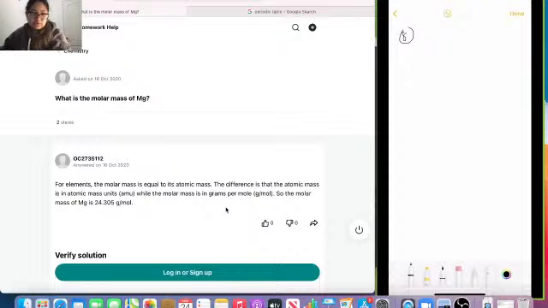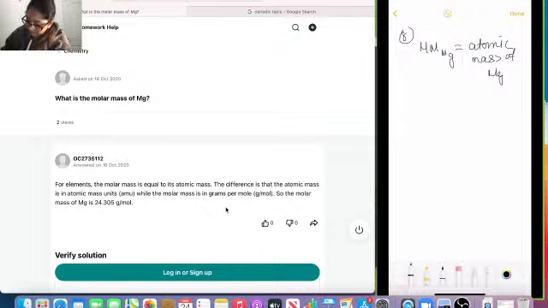Okay, what is the molar mass of magnesium? This is the same thing. When we're trying to find the molar mass of magnesium, it's basically equal to the atomic mass of magnesium.